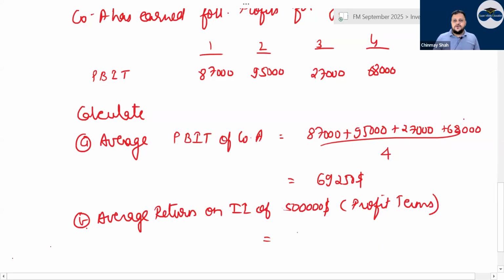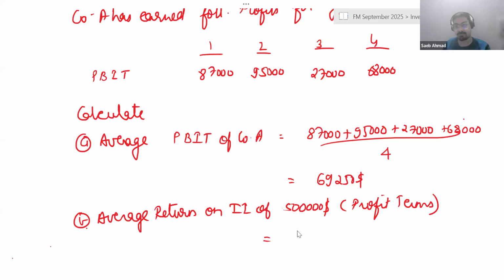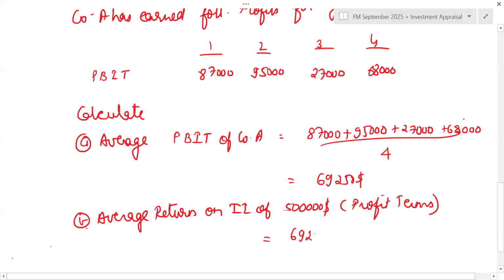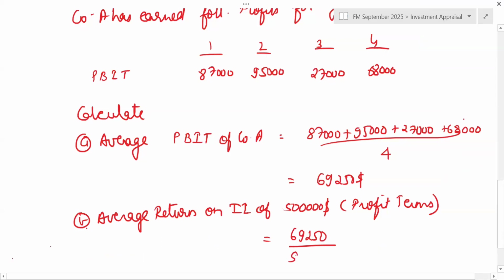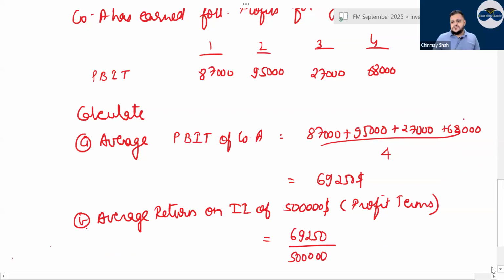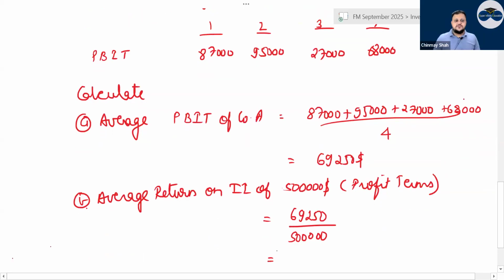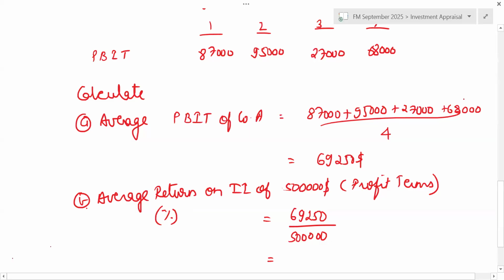Mathematically tell me, what divided by what? 69,250 divided by 500,000. Correct. So how much is the percentage? Average return percentage में. 13.85.